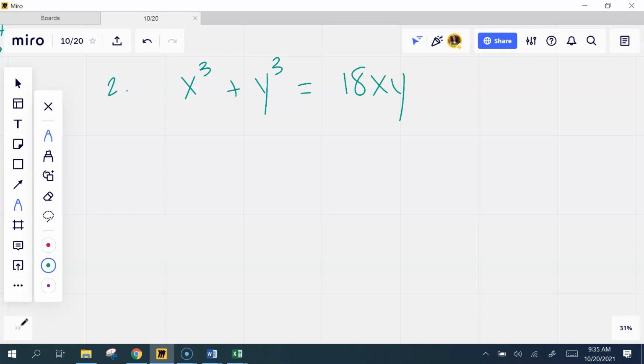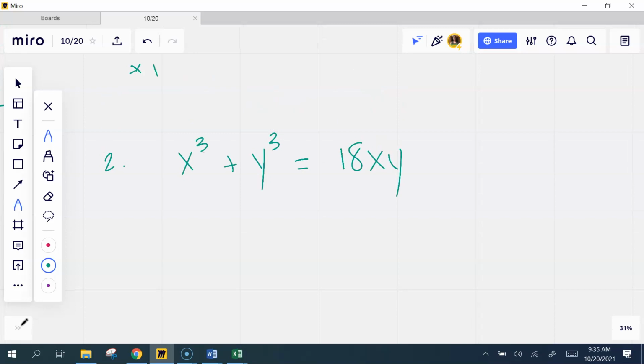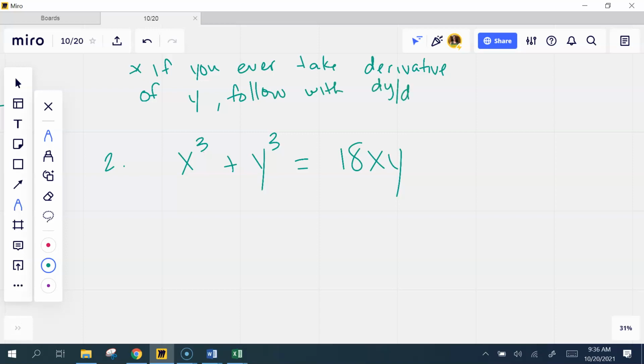If you ever take the derivative of y, follow it with dy dx. You don't have to on the x, though. On the x, no. x is regular old rules.